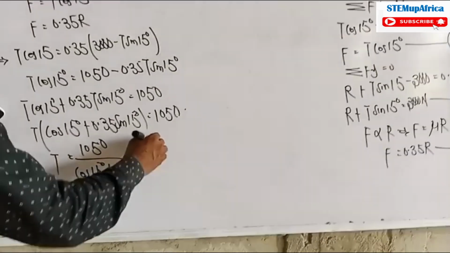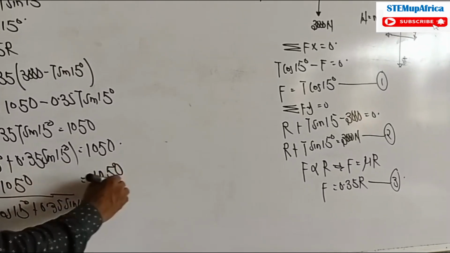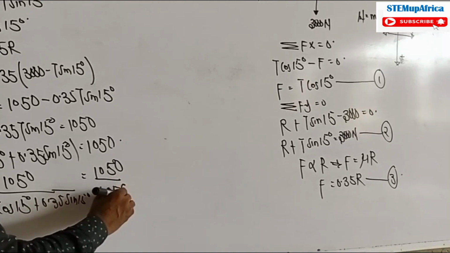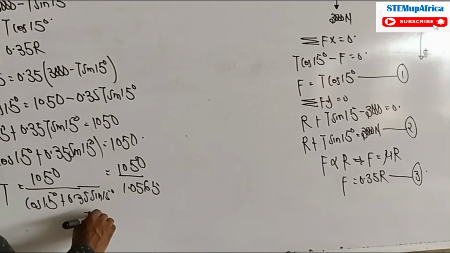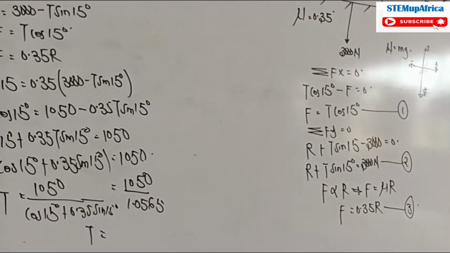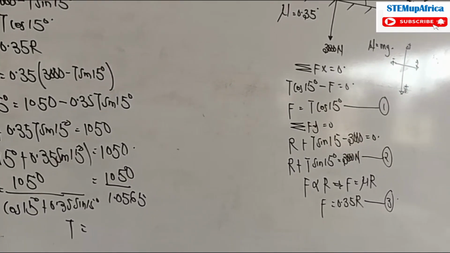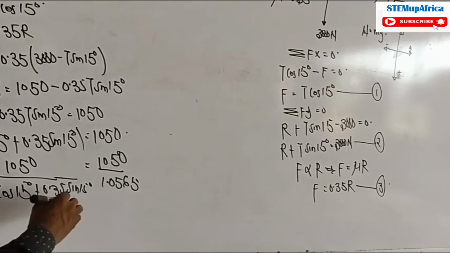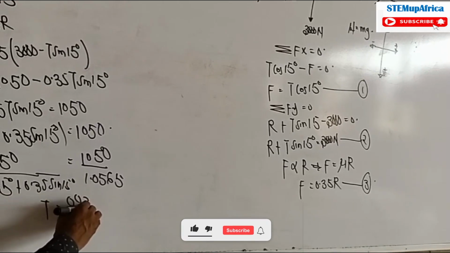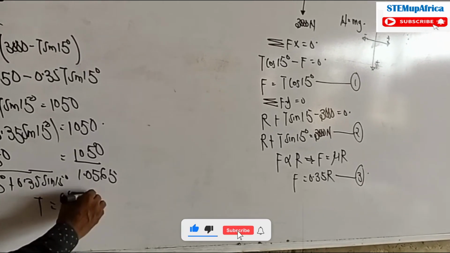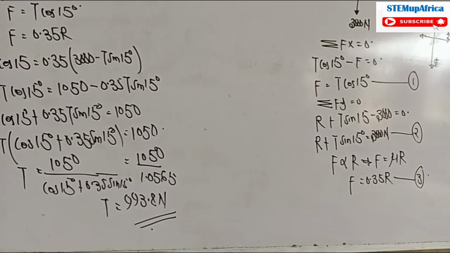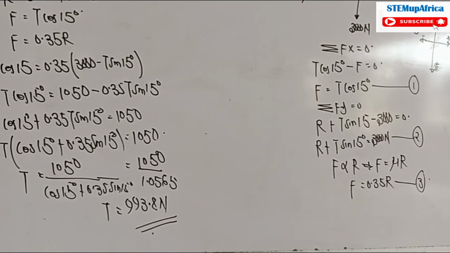So my tension is now 1050 divided by 1.0565. We're going to have 993.8 Newton. So this is the force that is acting on the rope as the car is being pulled.